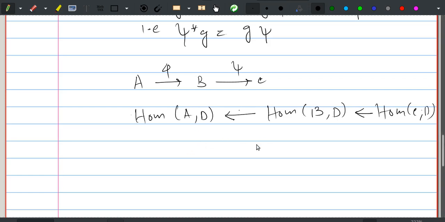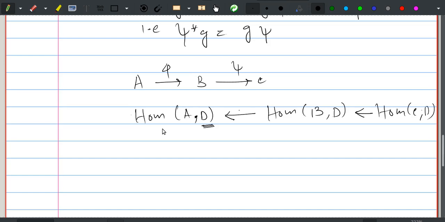So we have seen that if we fix the module at the second place, then these arrows are reversed. However, if this module is fixed at the first place, then these arrows are preserved. I mean, their directions are preserved.